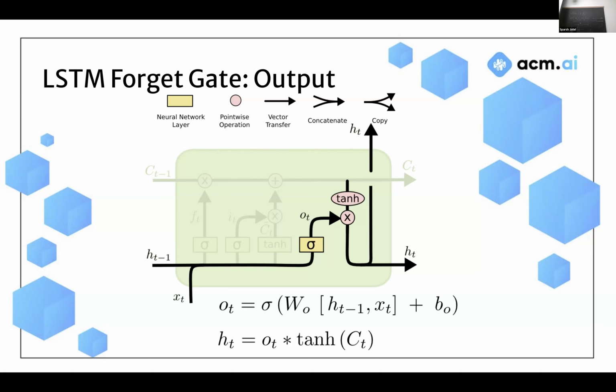Then again, you put it to a hyperbolic tangent. This time you don't put it to a linear layer. You just put it to a hyperbolic tangent, and then you perform an element-wise multiplication, after which this new value will be the output. So this is the output, and then you take this and it's going to be the new hidden state for the next step.